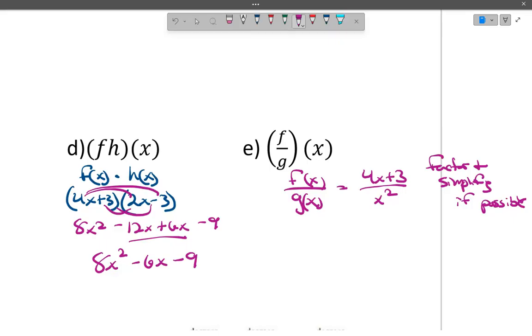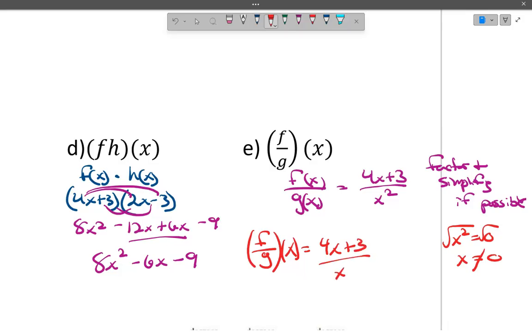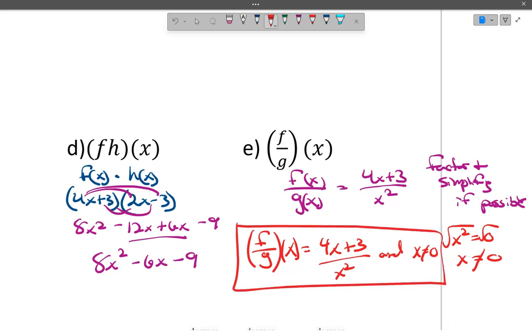So what we can do is set our denominator equal to 0. The square root of 0 is just 0. So x is not allowed to equal 0. So our final answer is that f over g of x equals 4x plus 3 over x squared, and x is not allowed to equal 0 because that would make our function undefined.